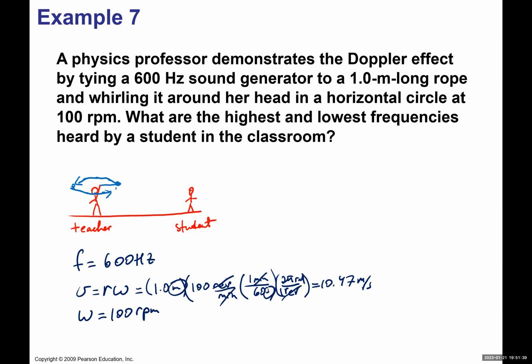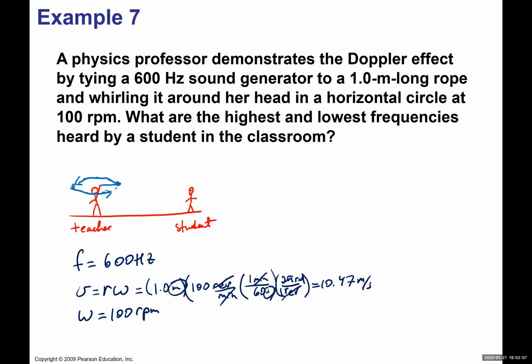So that's how we find the tangential velocity. Now that we have the tangential velocity, you can assume that the generator goes around at a radius of 1 meter at 10.47 meters per second at all times. So when it's moving away from the student, it's moving away at 10.47 meters per second. When it's moving toward the student, again it's 10.47 meters per second.